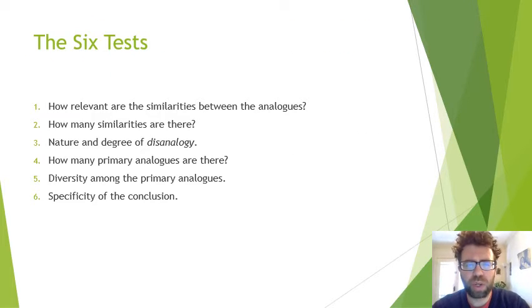All right, so what I'm going to talk about now are 6 tests of analogical arguments. But before I do that, a meta point. As I said at the beginning of this unit, when it comes to inductive argument, sometimes reasonable people disagree. There's no algorithm, there's no foolproof procedure that will tell you this analogical argument is strong, this one is weak.